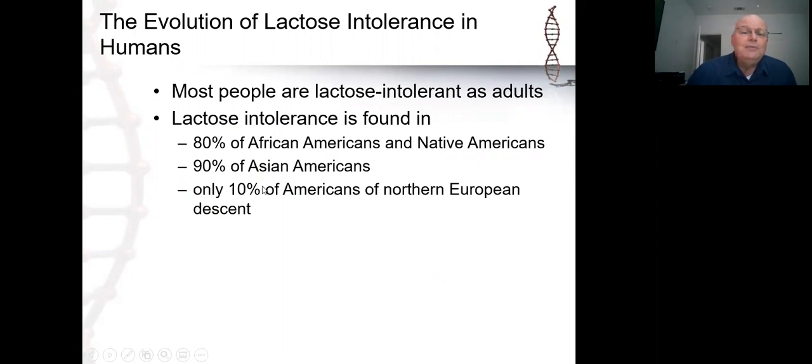So for individuals that come from cultures where there is not a strong herding tradition, lactose intolerance is very high and the percentage of lactase persistence is very low. But in cultures where there is a high tradition of herding and the use of milk as a food source, there is a very low level of lactose intolerance and a very high level of lactase persistence.